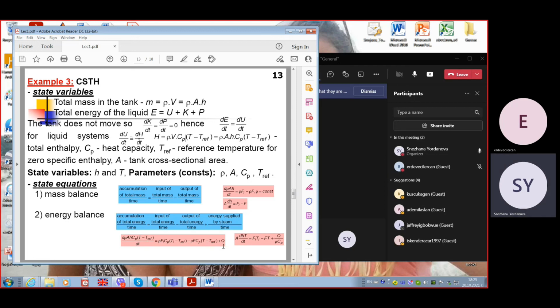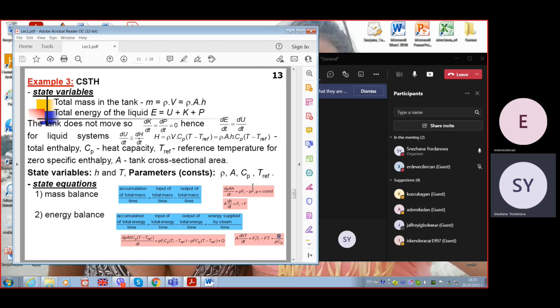Here the others are kept constant except the control output, the output of the controller. This is the quantity of heat and one of the flow rates. The other is disturbance, for instance, or kept constant.